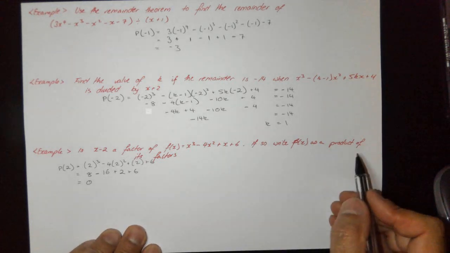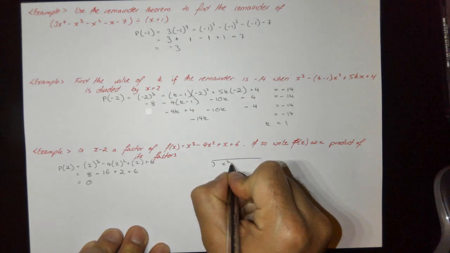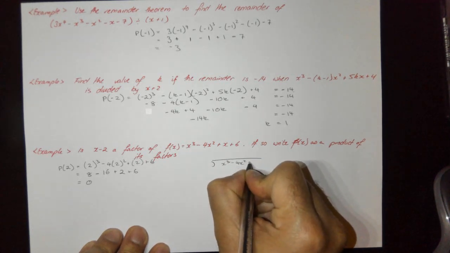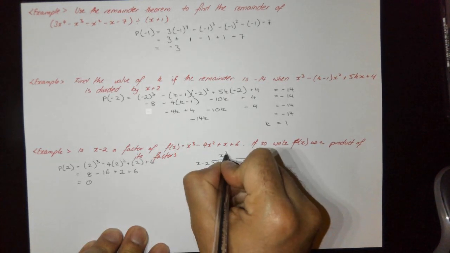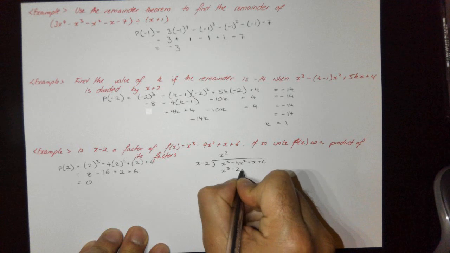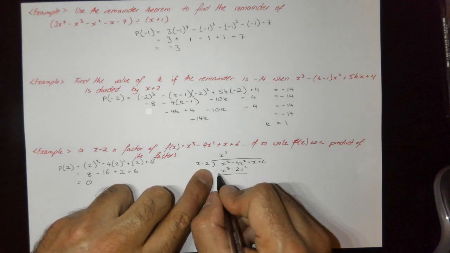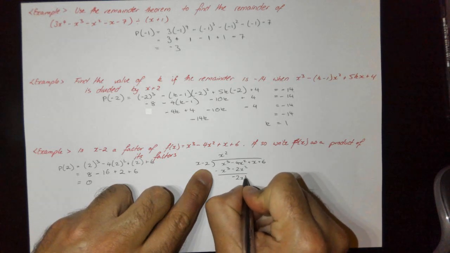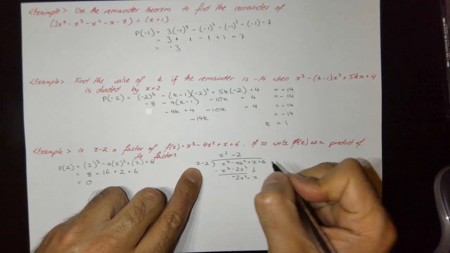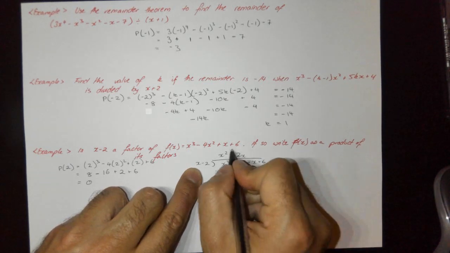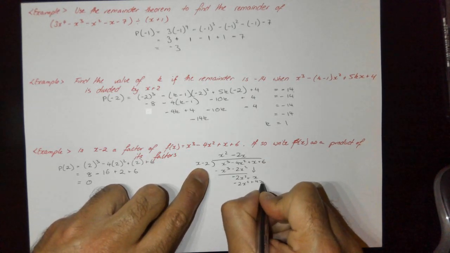So if I want to write it as a product of its other factors, what I'm going to do is divide this by x minus 2. So that becomes negative 4 plus 2, negative 2x squared. So that's minus 2x. Yeah, that becomes negative 2x squared plus 4x.